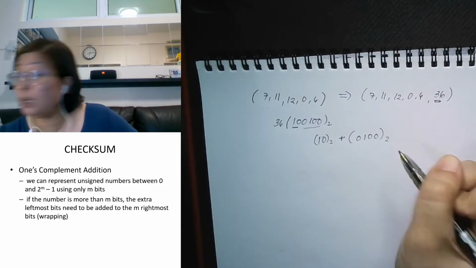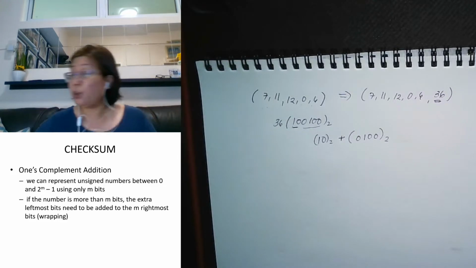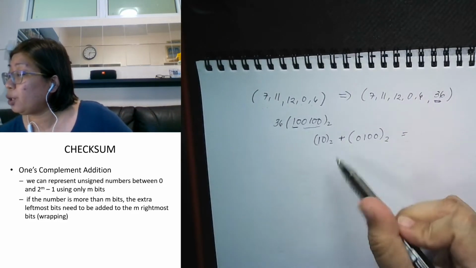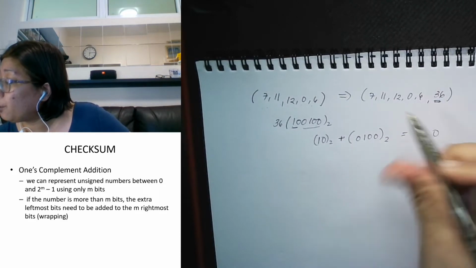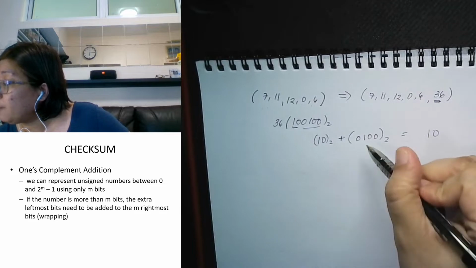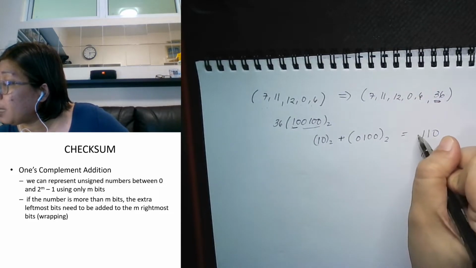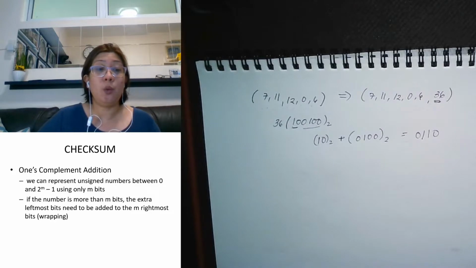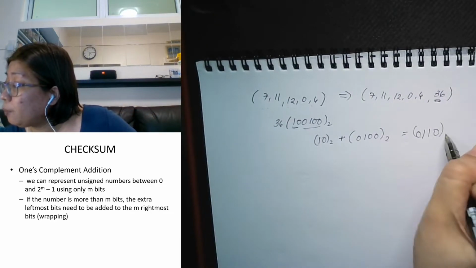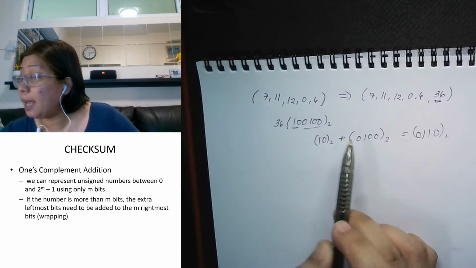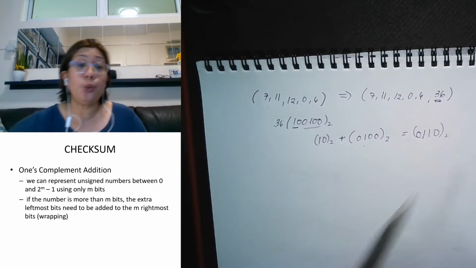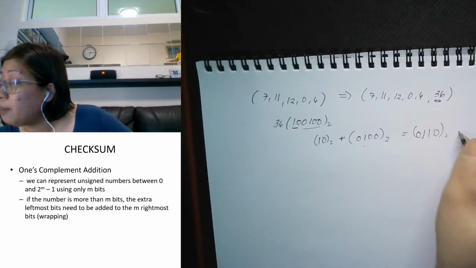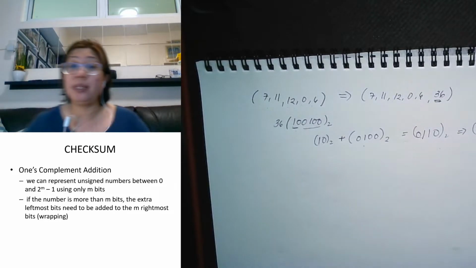Adding them together in binary, you will get 0 1 1 0. In this case, the decimal value for this is 6, to the base 10.